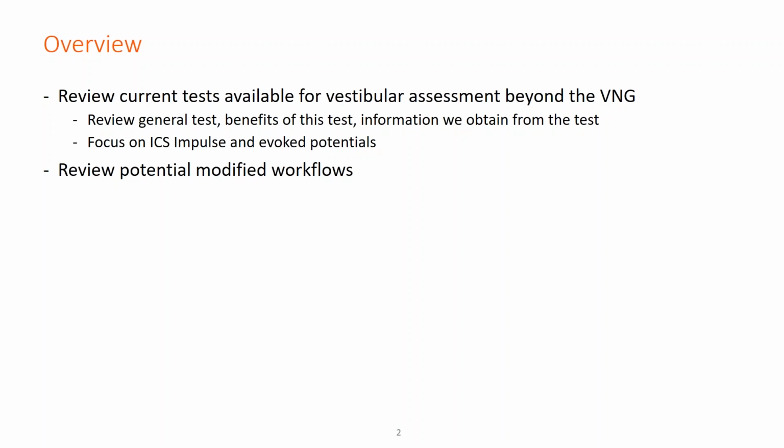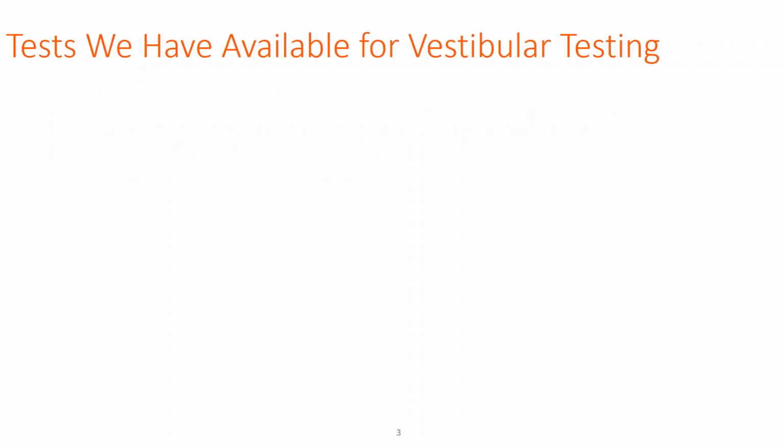And we also want to talk about the ICS impulse and some evoked potentials, because we get so focused on VNG and posturography that we forget some of the extra tools that we've got available. And then we're also going to review some potential modified workflows. For me, when I learn, it's great when someone tells me, here's something that you could do, but I always like having an example. I feel like I learn better that way. So we're going to keep going through here.